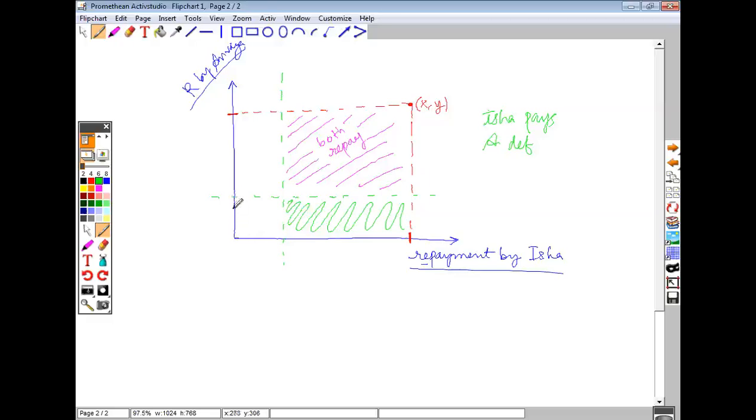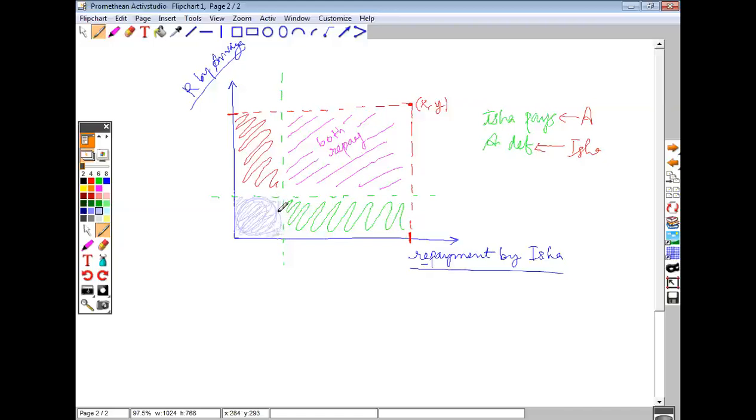So it's likely that Anvaya has defaulted, and the opposite would be the case here. So here would be the case where Anvaya has paid and Isha has basically defaulted on the loan. But the most worry for me here would be the case where Isha doesn't pay and Anvaya doesn't pay as well, which is this area right here.